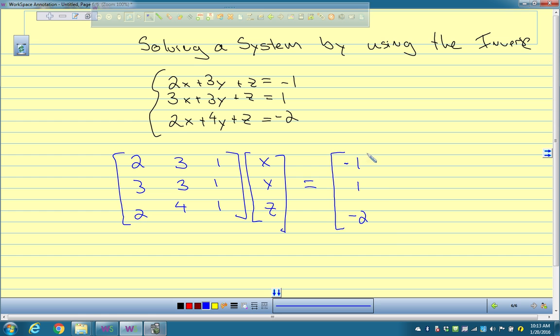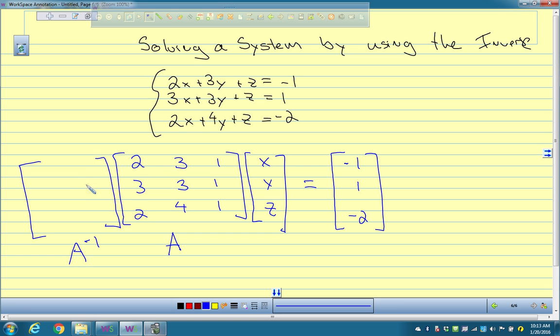So we're not done yet, okay. I want to get rid of this here because I want to find what x, y, and z are, right? So if I call this matrix A, and I multiply by the inverse of matrix A, okay? If that's A inverse, what is this going to turn into? That's going to turn into the identity matrix.